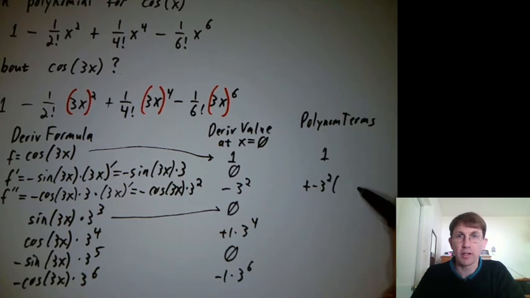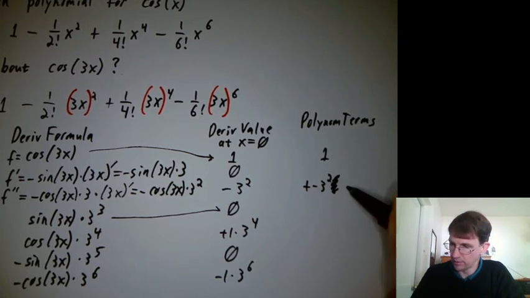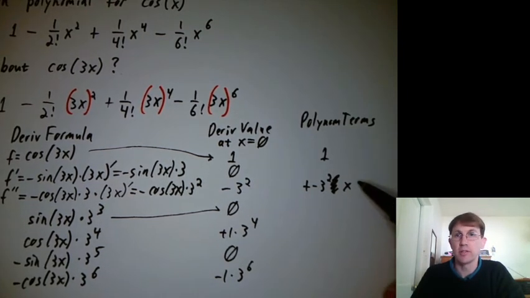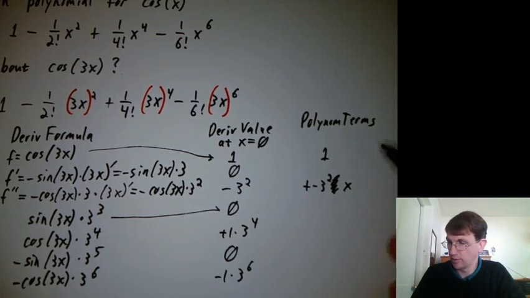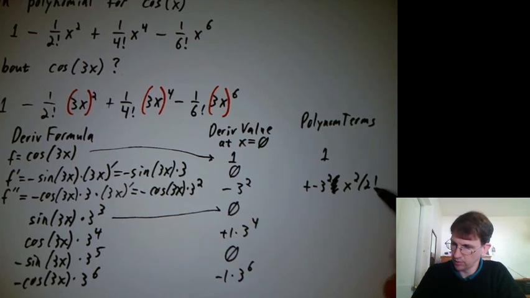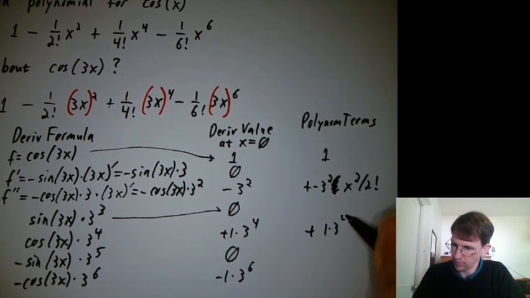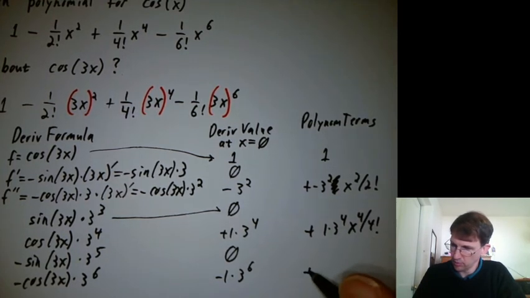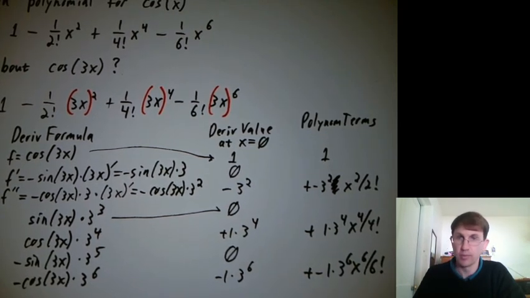I was about to write x minus c, but I don't need to because this is a Maclaurin series, so I don't need to subtract c because c is 0. So x squared over 2 factorial, skip the 0, plus 1 times 3 to the 4th, x to the 4th over 4 factorial, plus minus 1, 3 to the 6th, x to the 6th over 6 factorial.